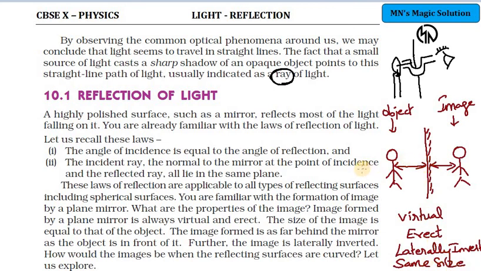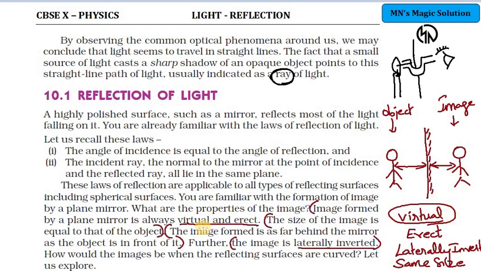So if you move away from the mirror, your image will also move away from the mirror. Correct? Whatever your size is, the image will also appear to be the same size. And this will be a virtual erect image. You know lateral inversion: left appears to be right, right appears to be left, isn't it? That is lateral inversion. What virtual means, we will see in a separate section.